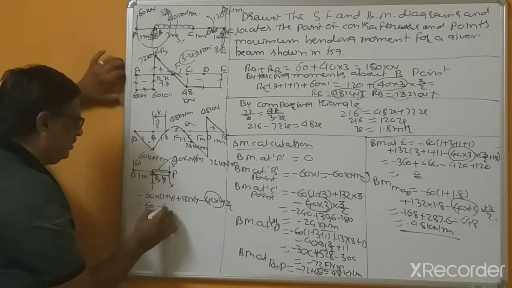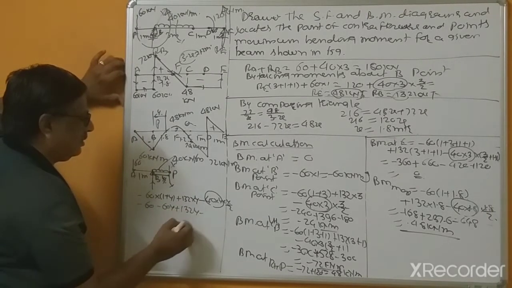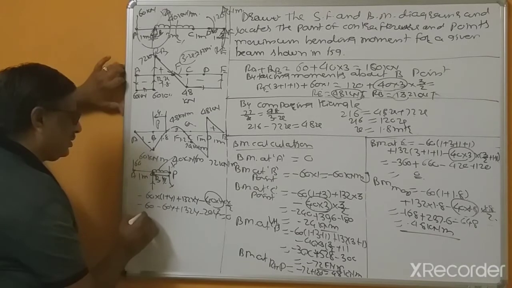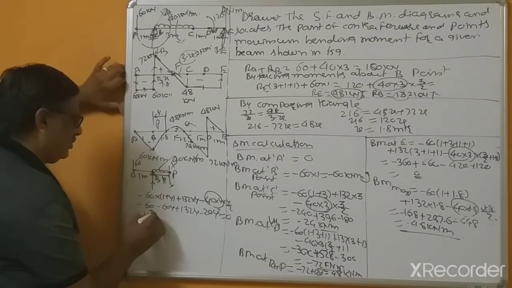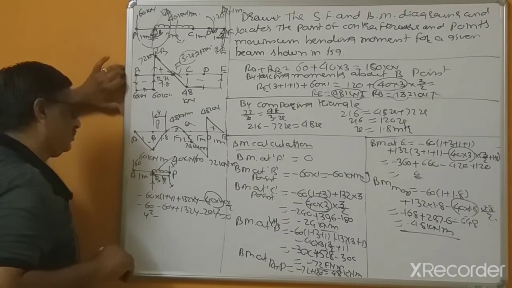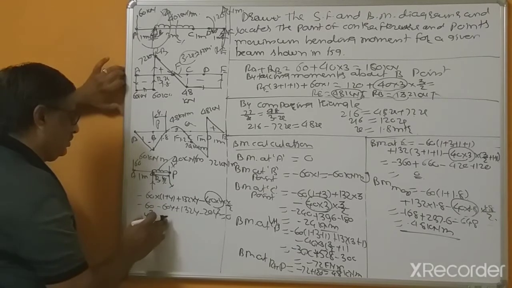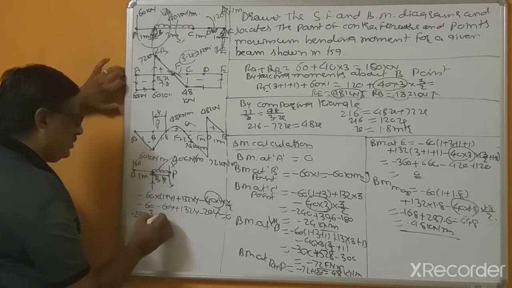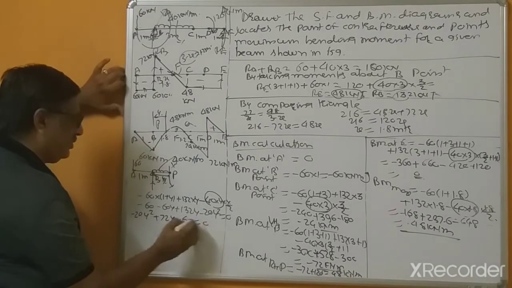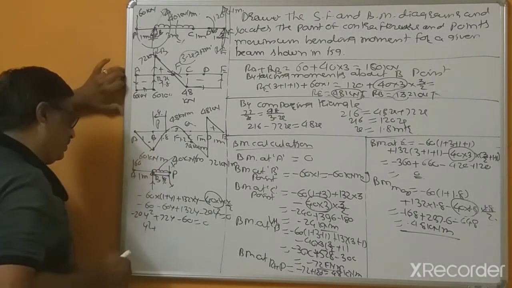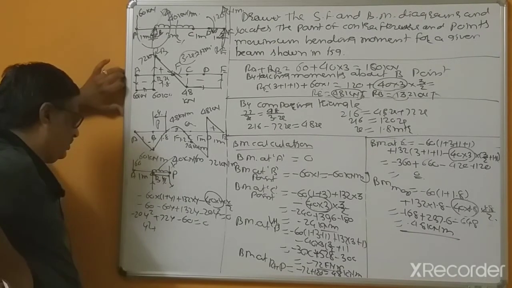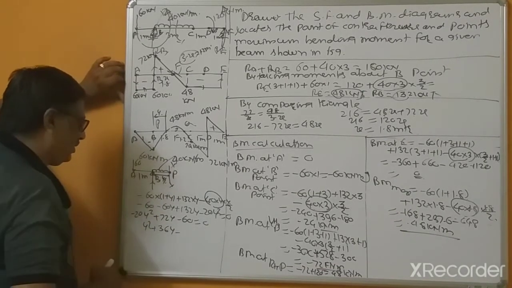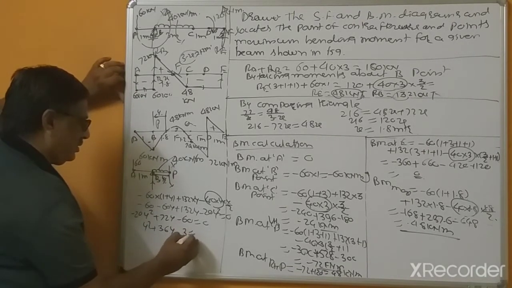Minus 60 minus 60y, this is 20y square equal to 0, or 20y square plus 72y minus 60 equal to 0, so y square plus 3.6y minus 3 equal to 0.